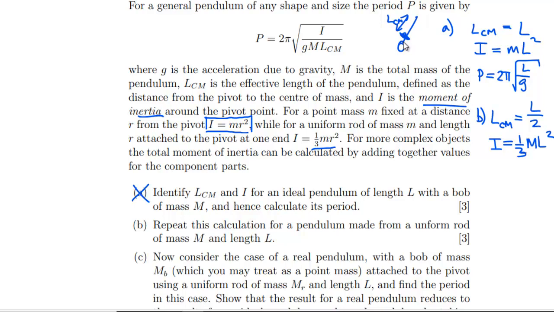Now we have to plug that in again. We've got our 2 pi again, the square root, at the top we're going to have a 3 at the bottom, that's never going to cancel with anything, and a g. We've got mL squared divided by mgL over 2, so that's going to leave us with 2L at the top. Okay, so everything's going swimmingly so far.